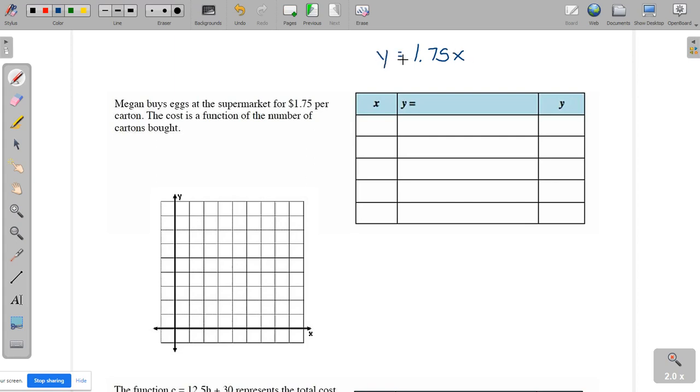So we need to figure out what this is going to be. So we have our x, which is our carton, and our y is going to be our dollar amount.